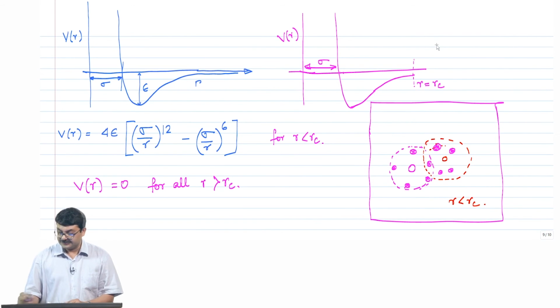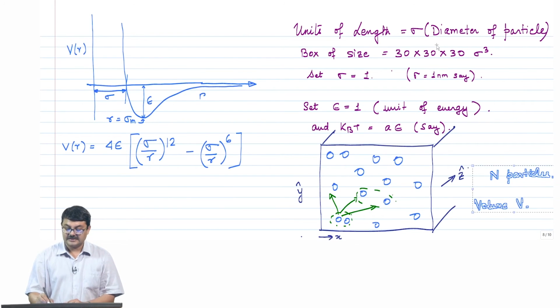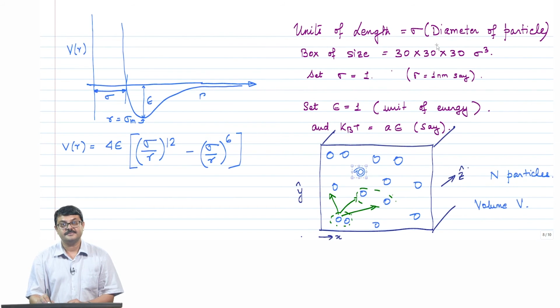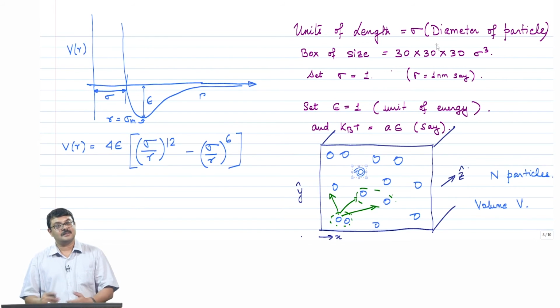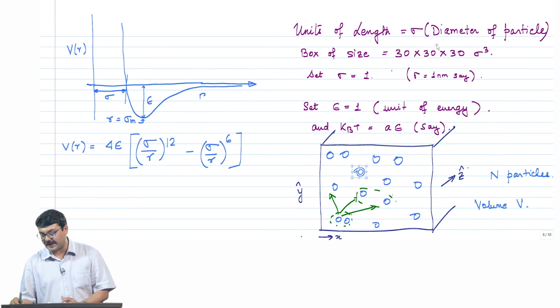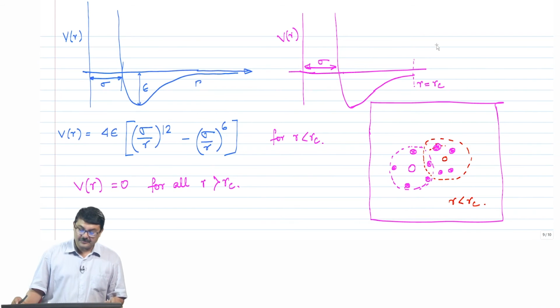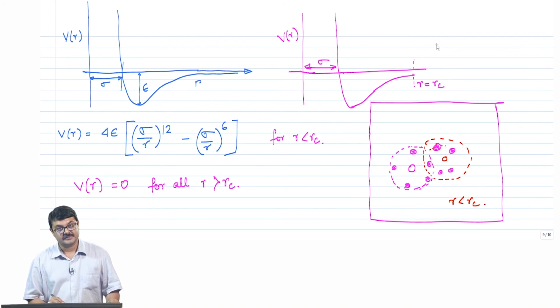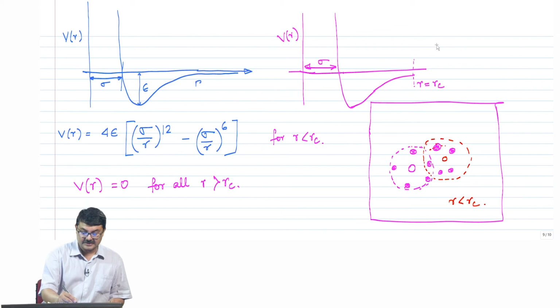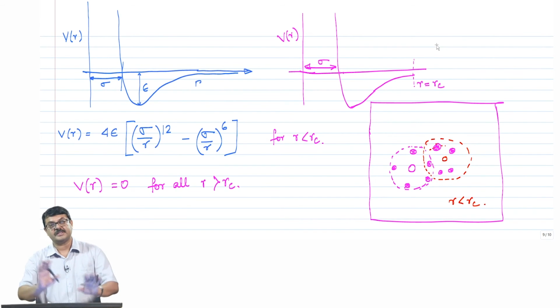Suppose that you had a particle here, it is interacting with another particle here, but the force of attraction is extremely weak. It will be felt, but overall statistically it will not make much of a difference if you say that beyond a certain distance, say R c, the potential is completely 0.